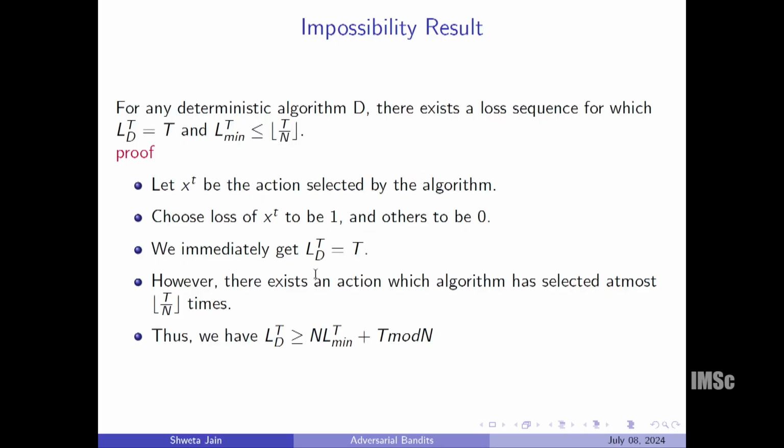Okay. So what went wrong in the deterministic? The problem that happened was, if my ST, the set which contains the arms with the least losses, is too big, then I am basically selecting one arm and then second arm, the third arm, fourth arm, and so on and so forth.